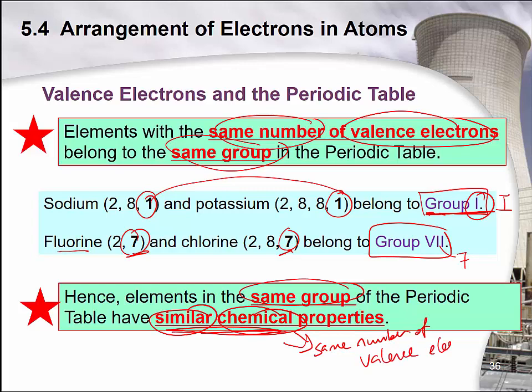So the number of valence electrons determines the reaction. And since they are all in the same group, they must have the same number of valence electrons, and they must all react similarly. It's only how fast or how slow, but they all react similarly.